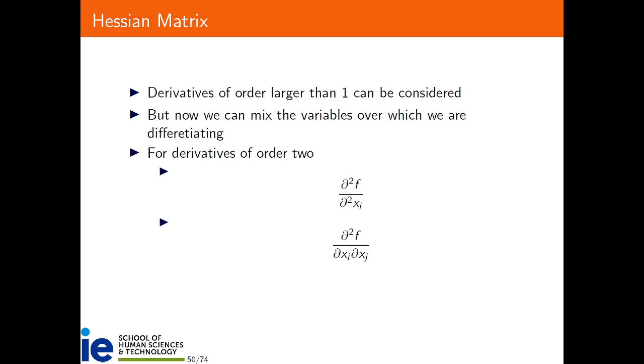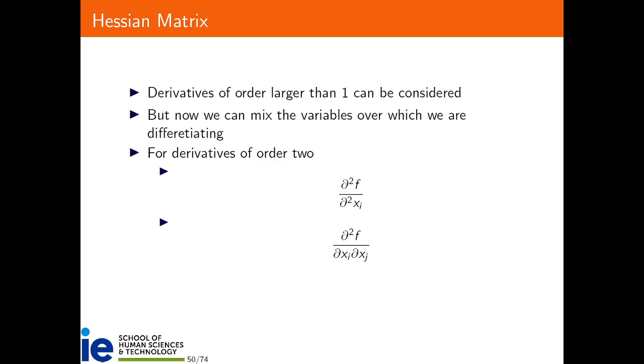There is an issue. So when we had just a function of one variable, we computed the first derivative and then we computed the second derivative. Now, though, we can mix things up. So, for example, I have a function of x and y. I can compute the derivative with respect to x, and then I can also, again, compute the derivative with respect to x.